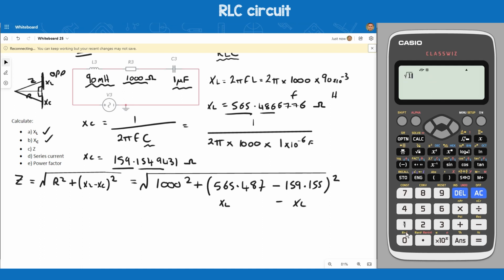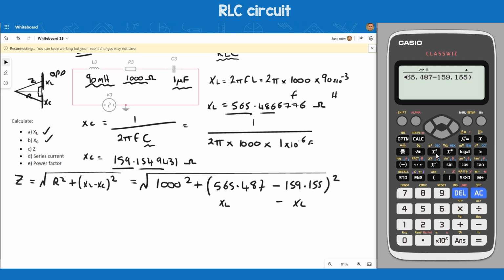So do the square root of R squared, or 1000 squared, plus then we need a bracket to do a subtraction. XL is 565.487 take away XC, which is 159.155.